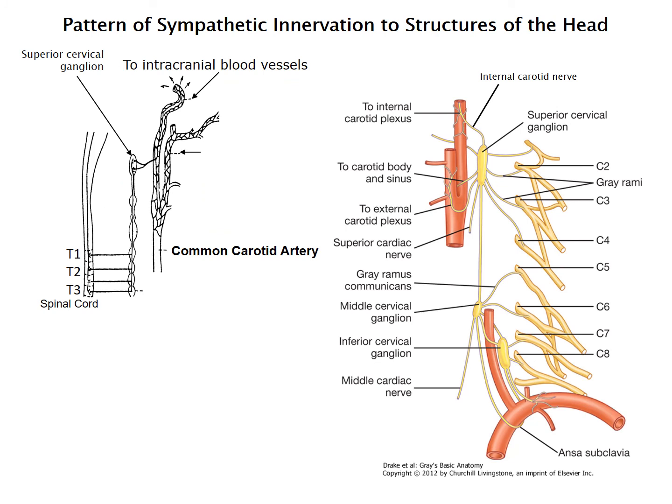This slide is intended to review the pathway by which sympathetic fibers course from the spinal cord to their target structures in the head and neck. Recall that the preganglionic sympathetic fibers originate in the lateral horn of the spinal cord, and from there they exit through either T1, T2, or T3, and even T4 to make their way onto the sympathetic chain.